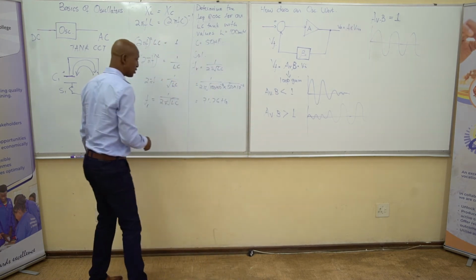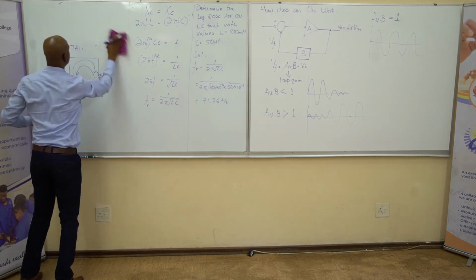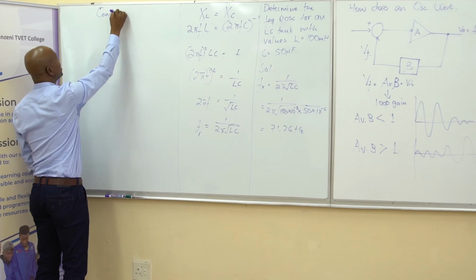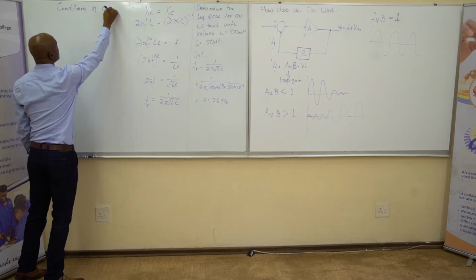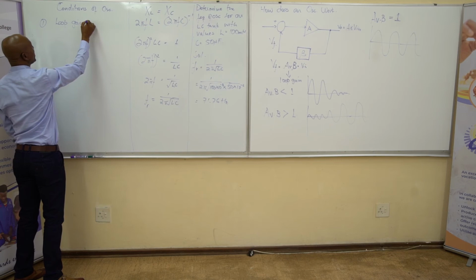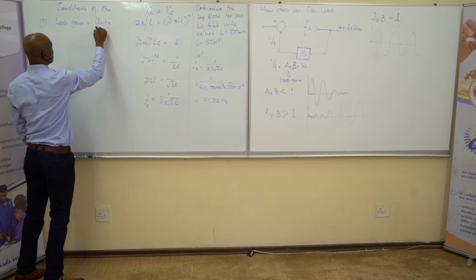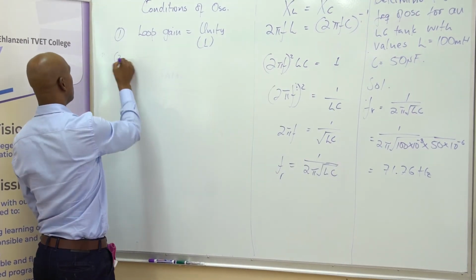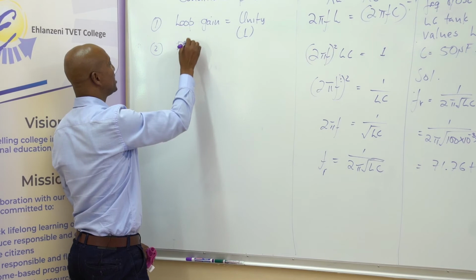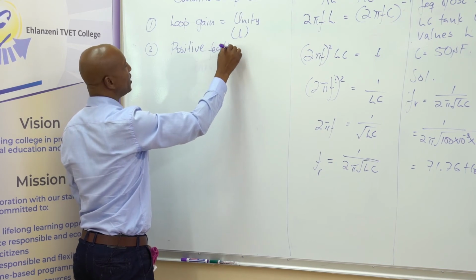So if I were to write down these conditions, I would say the conditions of oscillation. 1, loop gain must be equal to unity, or sometimes they'll say a gain of 1. 2, we need a circuit that will provide us with positive feedback.